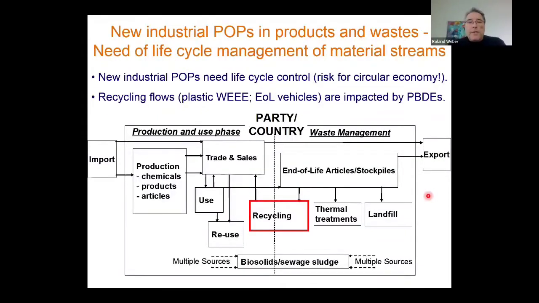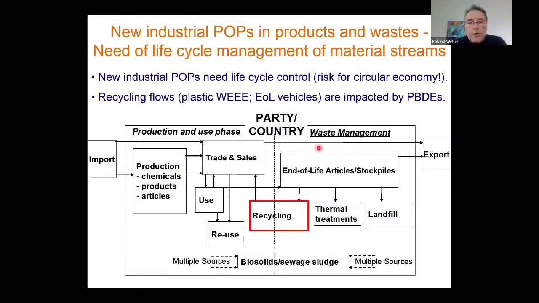And also for the policymakers, the industrial chemicals which are still in use are really interesting, because you need to look to the imports, you need to look to the industry, you need to look to the trade and to the recycling and to the end of life, and you need to check. We heard this morning in the first presentation on legislation that there is a lack of legislation.